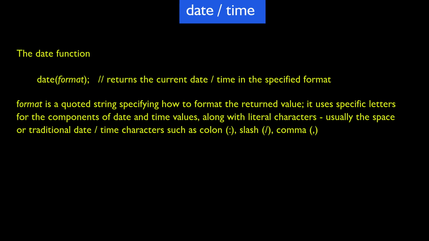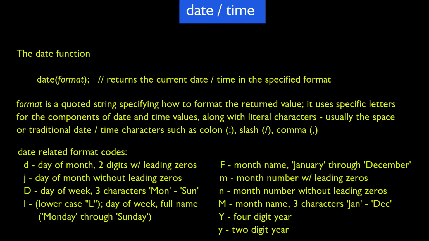For date-related format codes, choose from these. Lowercase d returns the day of month, 2 digits with leading zeros. A lowercase j returns the day of month without the leading zeros for days below 10.